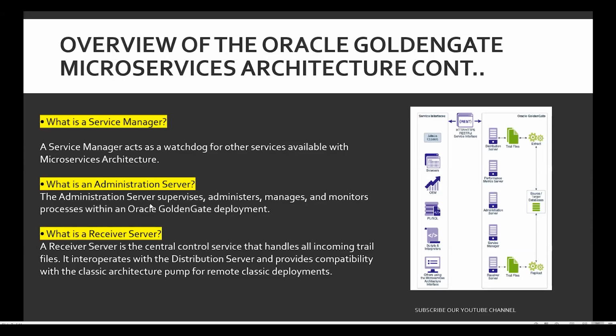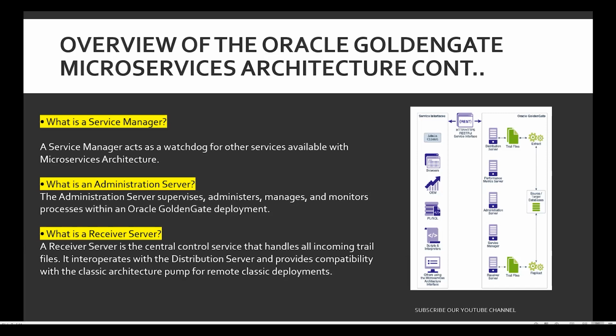That's why it is called the superior or administrator, which manages and monitors the processes within the Oracle GoldenGate deployment. Next one is the receiver server. The receiver server will be on the target setup, as the receiving end. In the classic architecture, the data collected at the target setup was handled by the receiver server.